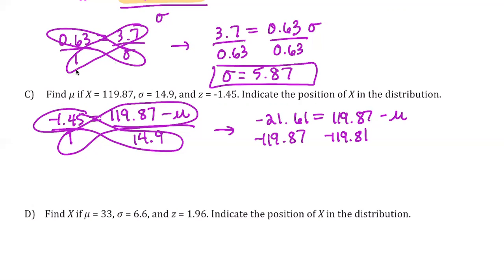And that's going to leave me with negative 141.48 equals negative mean. This is where we have to be careful, because right now we're technically subtracting our mean. So we want to completely solve. I'm going to divide both sides by negative 1 to get my mean to be positive. And that's going to give me my final answer of 141.48.